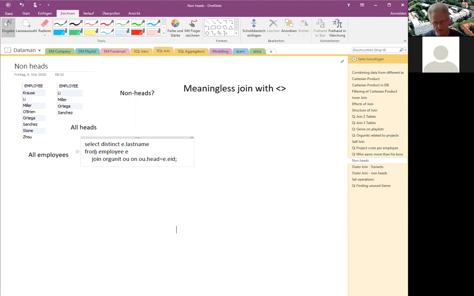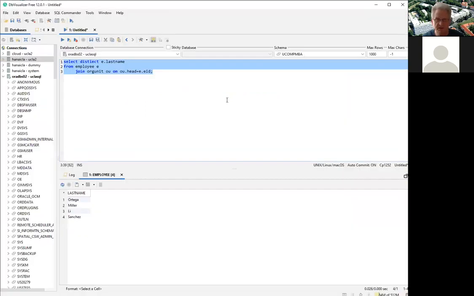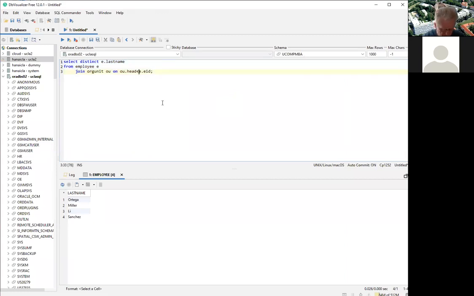So from employee join org unit, where head not equals EID, in order to capture the non-heads. And that's meaningless, as we will see in a moment. So let's just do that here and let's see what happens.